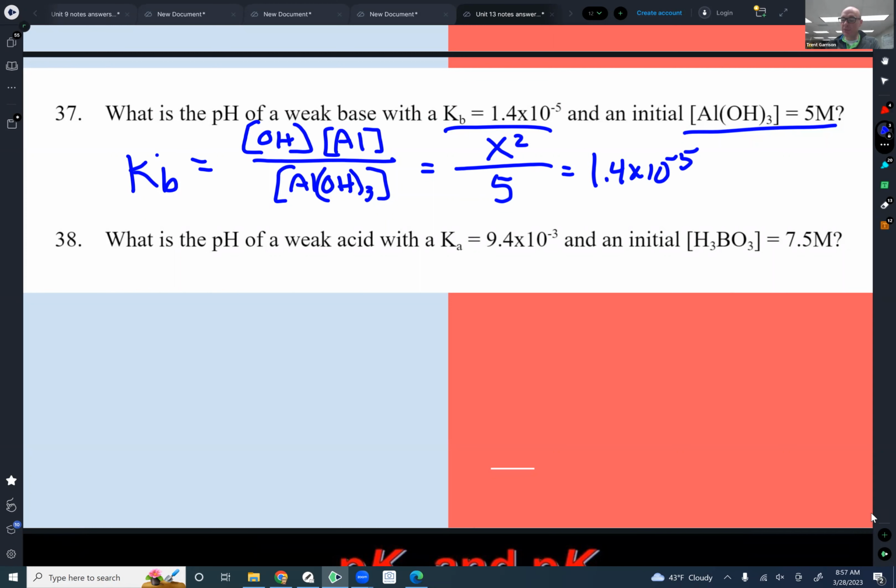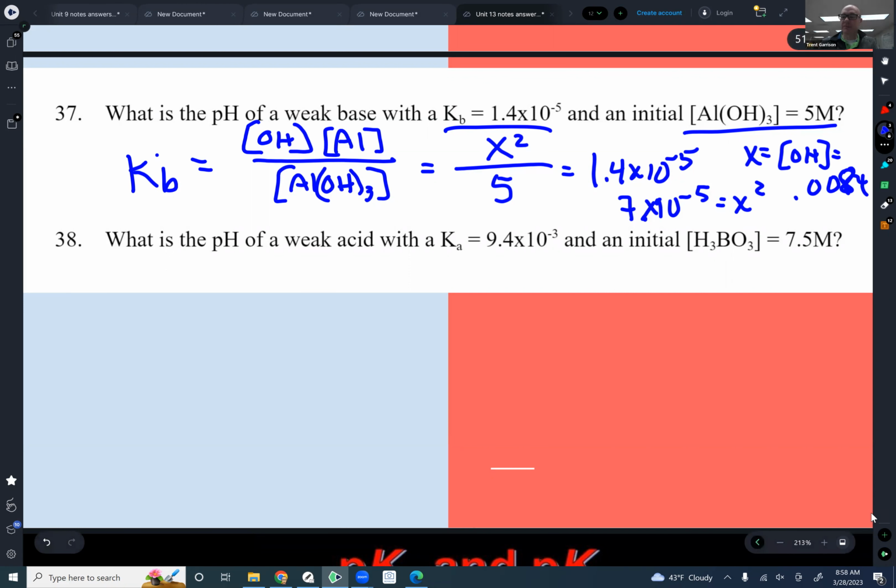Now we've got algebra that we're going to simplify. So I got 1.4 to negative 5 times 5 equals 7 times 10 to the negative 5 equals X squared. We just do the square root, and it will tell us that the X, which is the same thing as the hydroxide ion, is equal to 0.008.